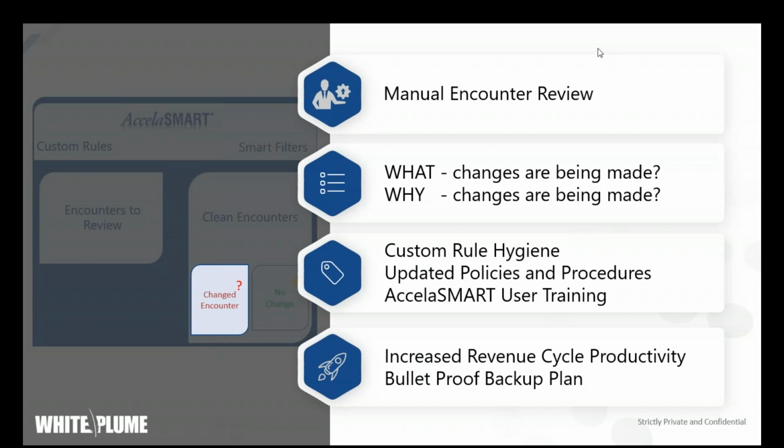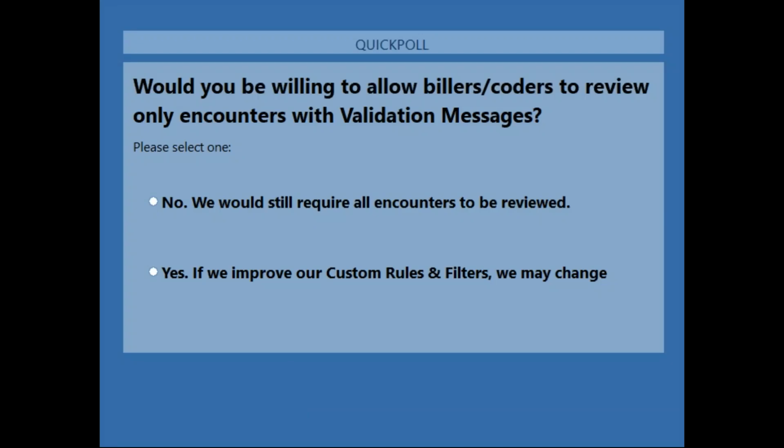All right, let me pause for just a second. I'm going to launch our third polling question. And this one's similar to the last one that we asked, but this one is not looking at what your current process is today, but it's looking a little bit about what your future process might look like. So would you be willing? Would you be open to the idea of only reviewing encounters with validation messages?